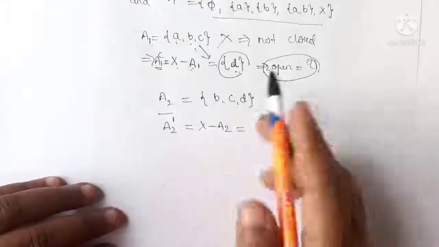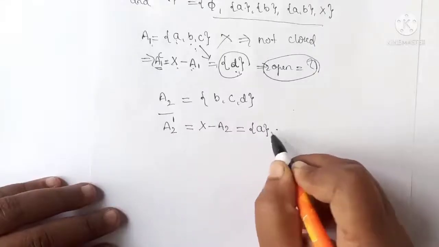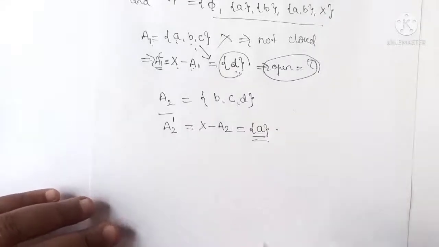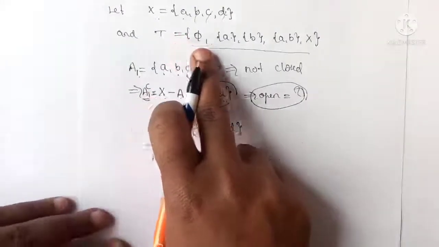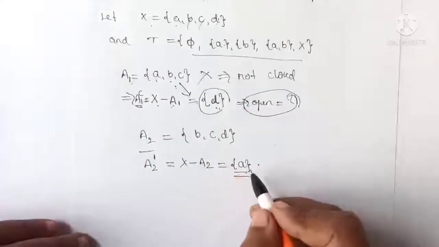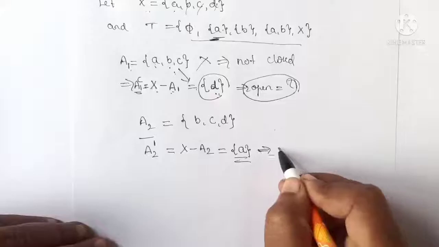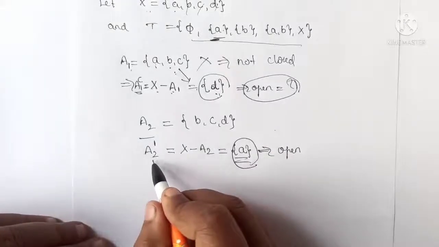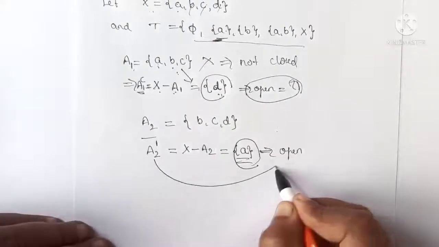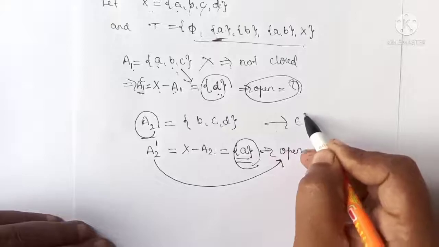Therefore A2 complement is {A}. Now we have to check whether this is open or not, meaning whether it belongs to the topology or not. You can observe that {A} belongs to the topology, so we can say that it is open. So when A2 complement is open, then we can say that A2 is closed.